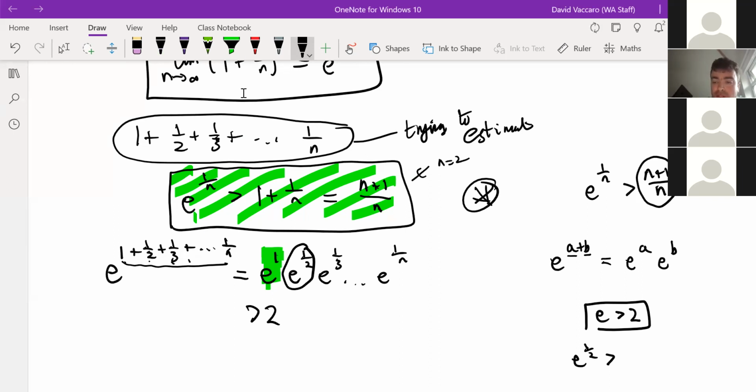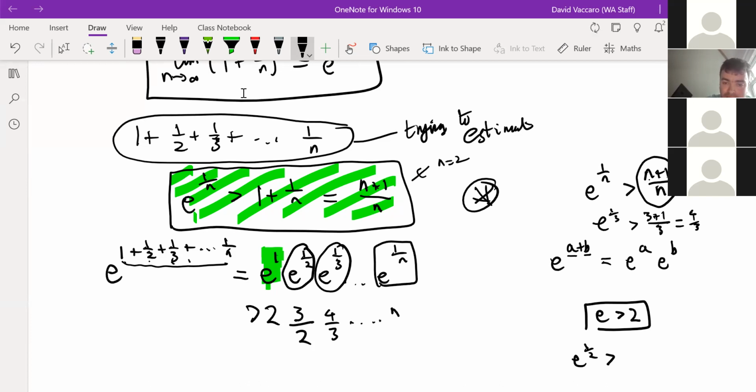So when n equals 2, this fraction is 2 plus 1 over 2, which is 3 over 2. When n is 3, e to the 1 over 3 is bigger than 3 plus 1 over 3, which is 4 over 3. All the way up to e to the 1 over n, which is bigger than n plus 1 over n. That's just my inequality star.